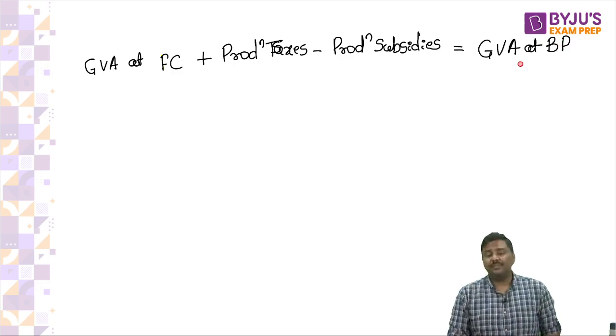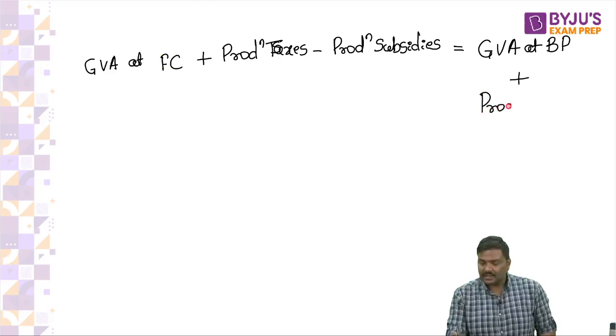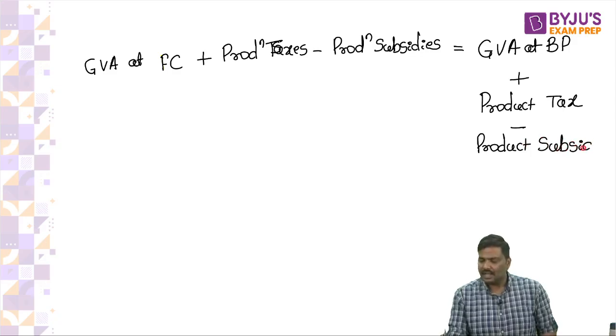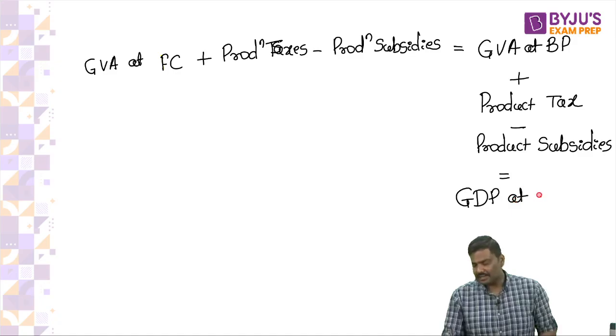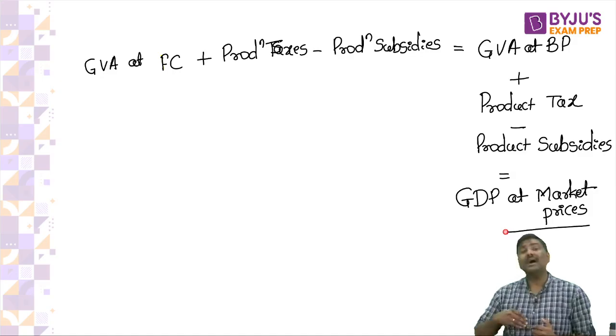To the GVA at basic prices, add product taxes and subtract product subsidies. What will you get now? You will get GDP at market prices. This is how you need to remember it, rather than simply by-hearting it.